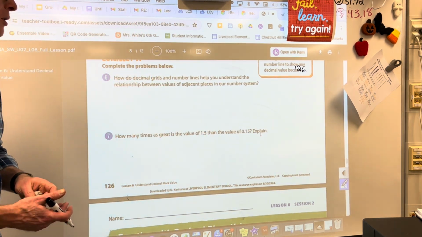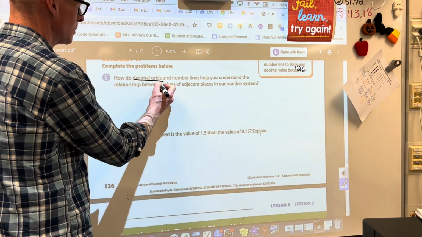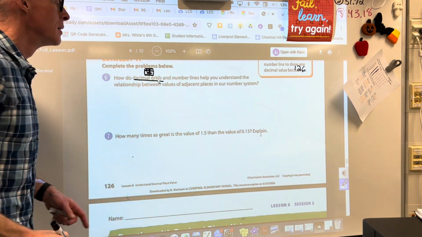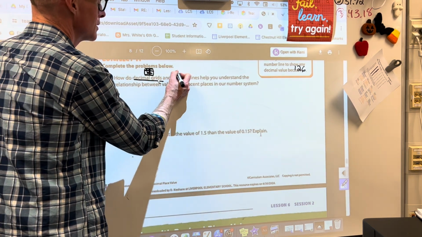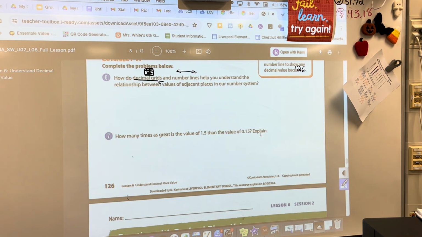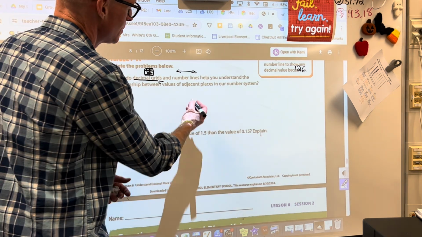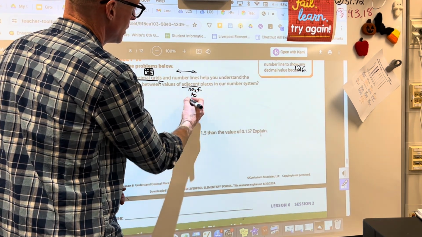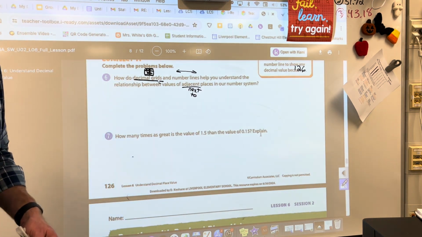How do the decimal grids, those are just those squares, waffle looking things, and the number lines help you understand the relationship between values of adjacent places, that just means next to, places on our number line system? Cool.